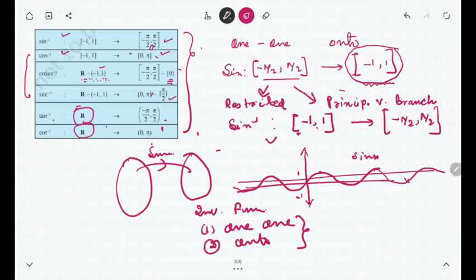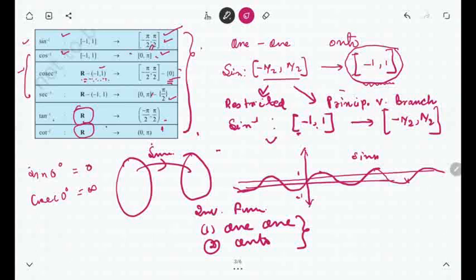Here you can learn the domain of sine inverse and cosec inverse. Its codomain is closed minus pi by 2 to pi by 2. Cosec's codomain is closed minus pi by 2 to pi by 2, but not 0. Why? Because sine 0 you know is 0, but cosec 0's value is infinite, not defined.